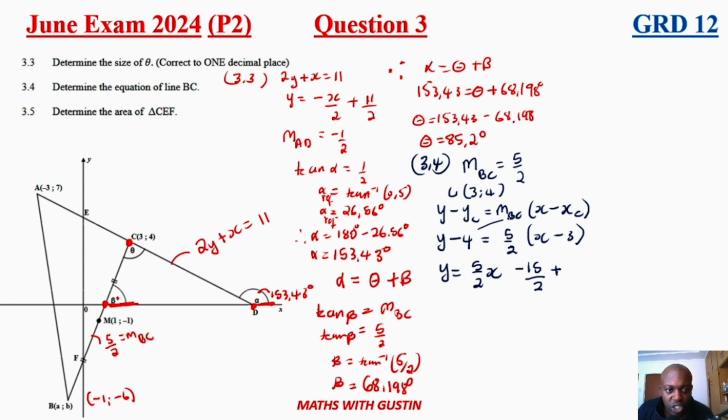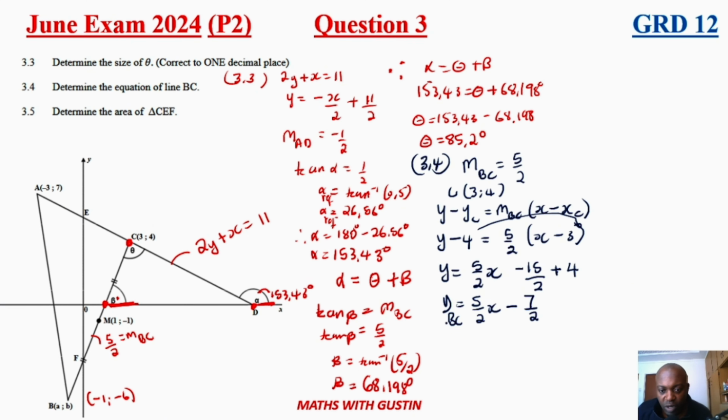It will change the sign, so it becomes +4. If we punch this into our calculator, we should get 5 over 2x, and the fraction should give us negative 7 over 2. Great. And this is the equation of the line BC.